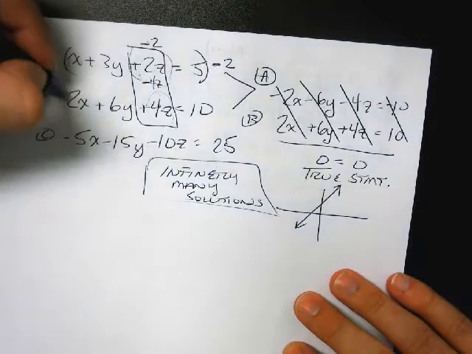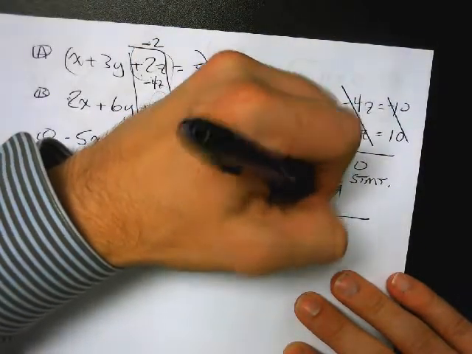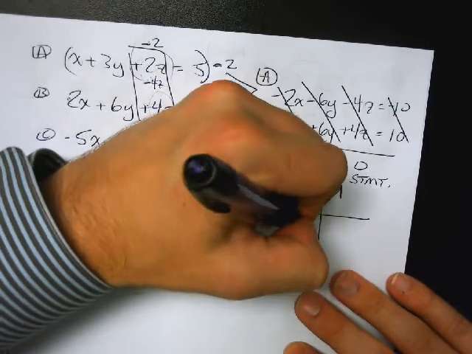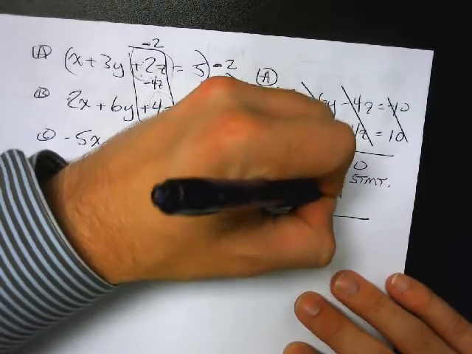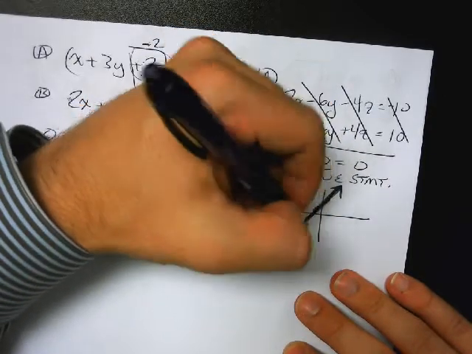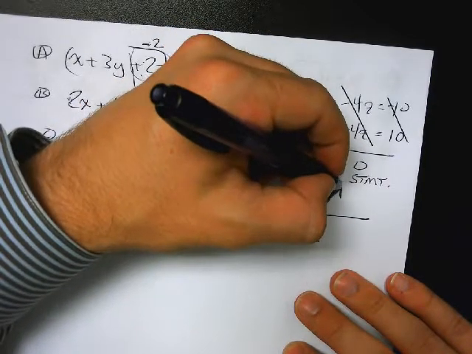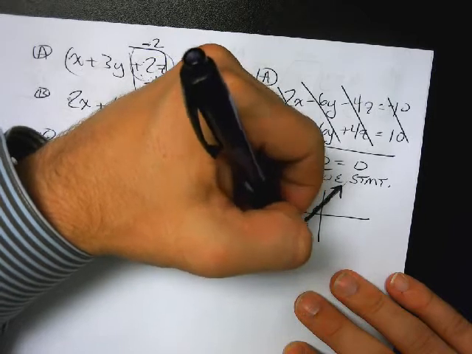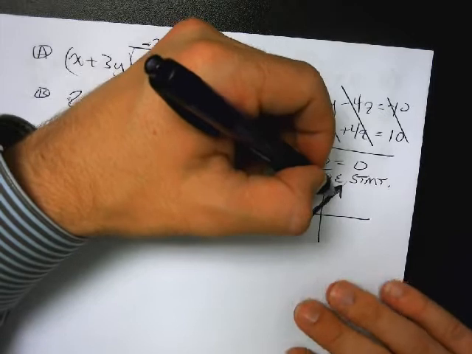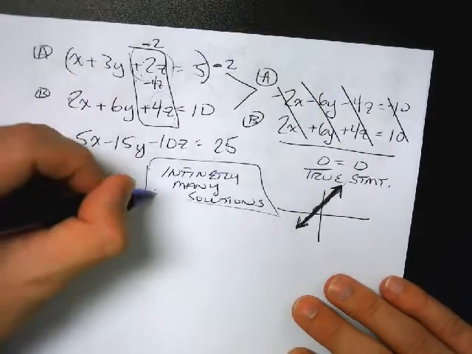When you went to graph the other line, it was the exact same line that you found. So all of the coordinate points that they have in common are all of the coordinate points of the line. And this line goes on forever and ever, which means infinity here, infinity here. So because you have an infinite amount of coordinate points, there are infinitely many solutions.